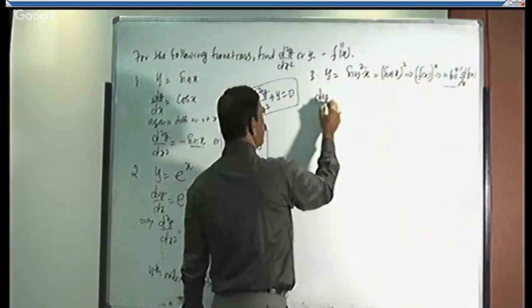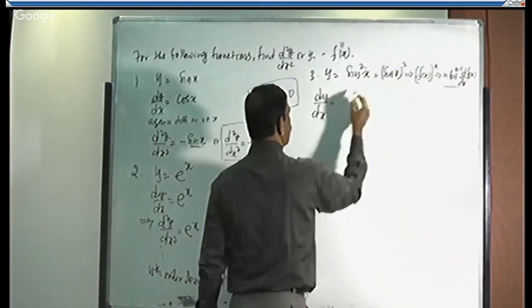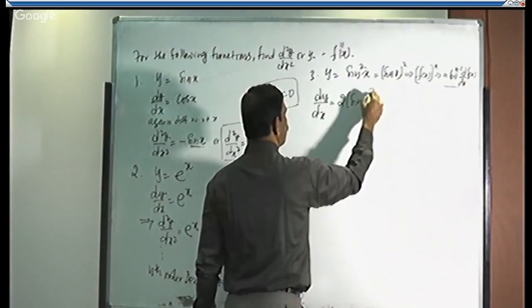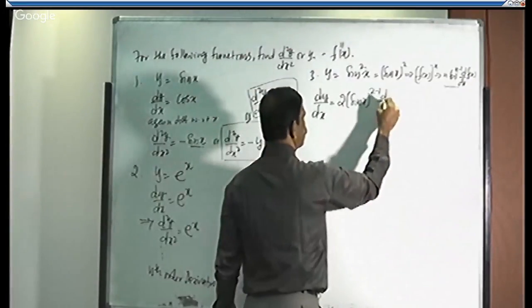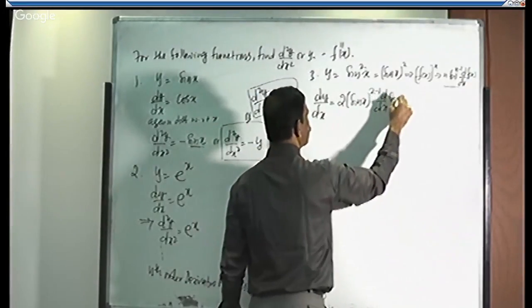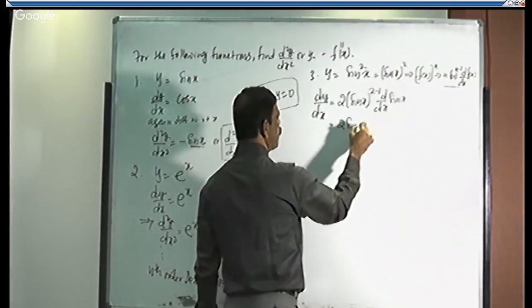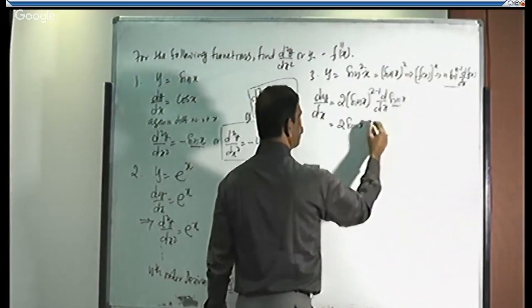dy by dx is equal to function to the power of n, that is n into function to the power of n minus 1 into d by dx of function. What is function? Sin x. That is 2 into sin x to the power of 2 minus 1 is what? 1 into differentiation of sin x is what?